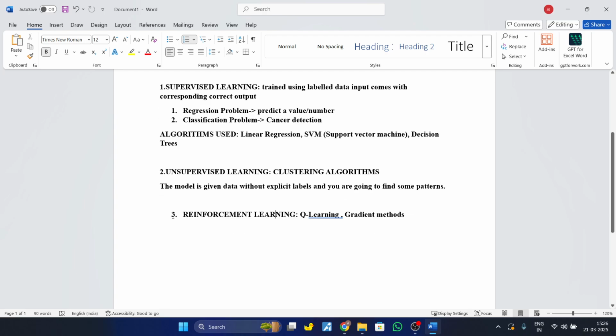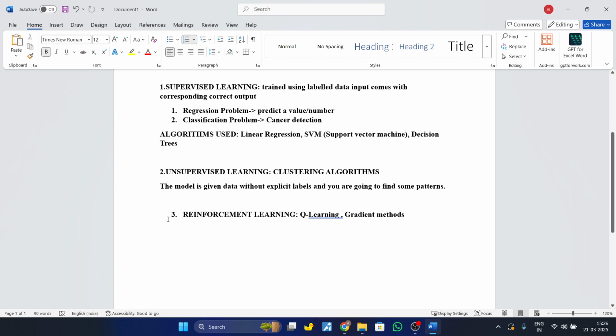Then we looked at what reinforcement learning is. We understood that reinforcement learning involves the concept of an agent. So that agent will interact with an environment. It learns through reward and penalty. If it finds an environment that is rewarding it, it will learn, okay, this is a good environment for me.